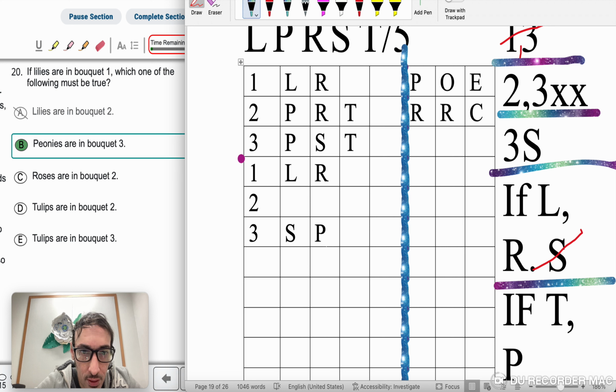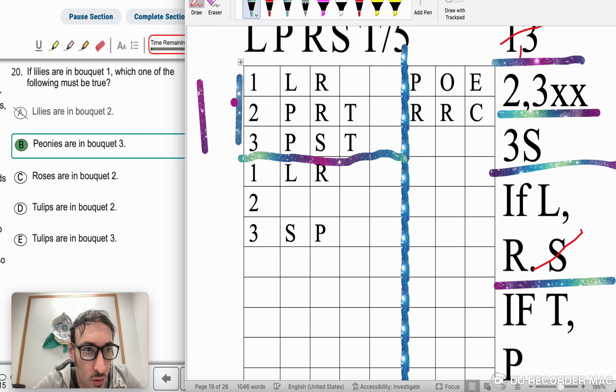So we were able to get this question correct by utilizing the first world in question 19, and we were able to come up with the question 20 world.